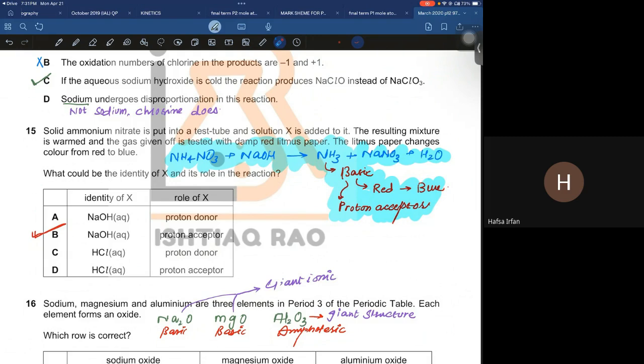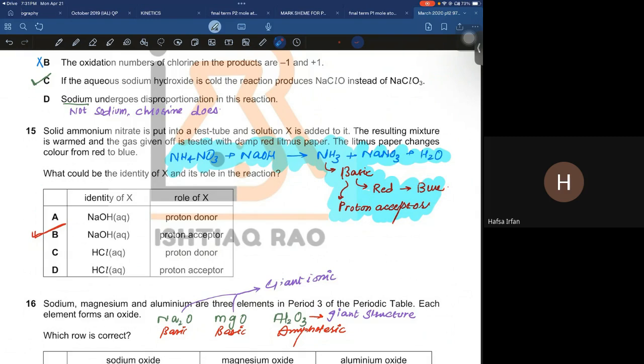B for base, B for blue. So of course they are testing for ammonia. Ammonium releases ammonia.